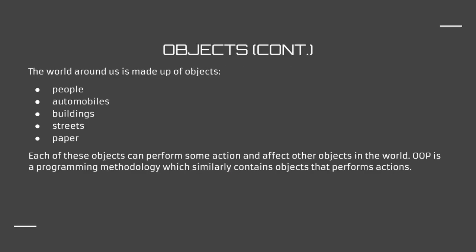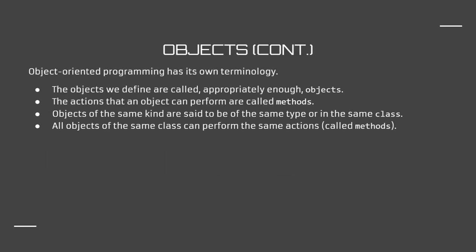The world around us is made up of objects: people, automobiles, buildings, streets, and paper, for instance. Each of these objects can perform some action and affect other objects in the world. Object-oriented programming is a programming methodology which similarly contains objects that perform actions. Object-oriented programming has its own terminology.